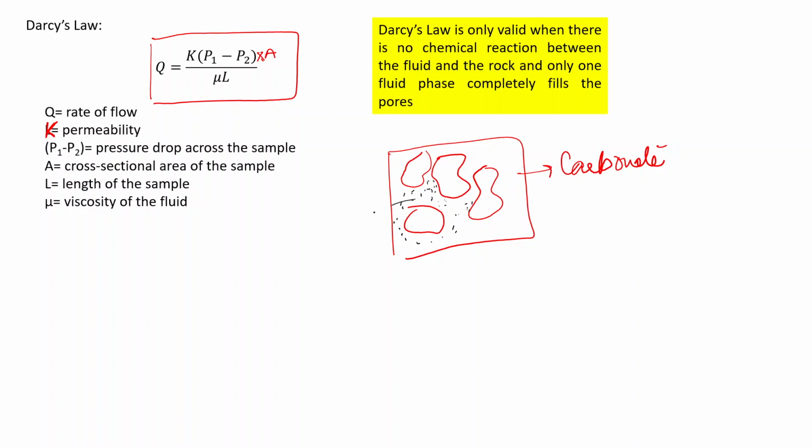So let us say that this is a fluid of low pH, meaning acidic. What this will do is keep on dissolving the carbonate, and this will lead to the formation of vugs or moldic porosity. The pores will get bigger and bigger, and then the whole relationship goes wrong over here. So what will happen?